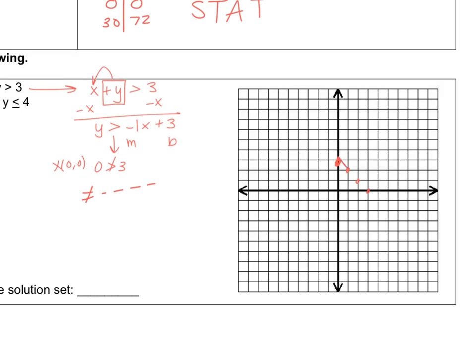I'm going to dash that line all the way down to show that it's not equal. Then 0, 0 is not a part of my solution set because we already said that was a false answer. So then I'm going to shade up above, where 0, 0 is not a part of my solution.